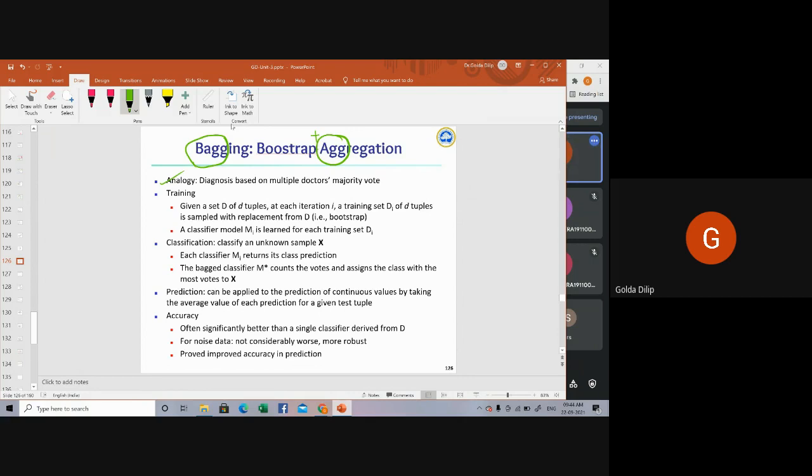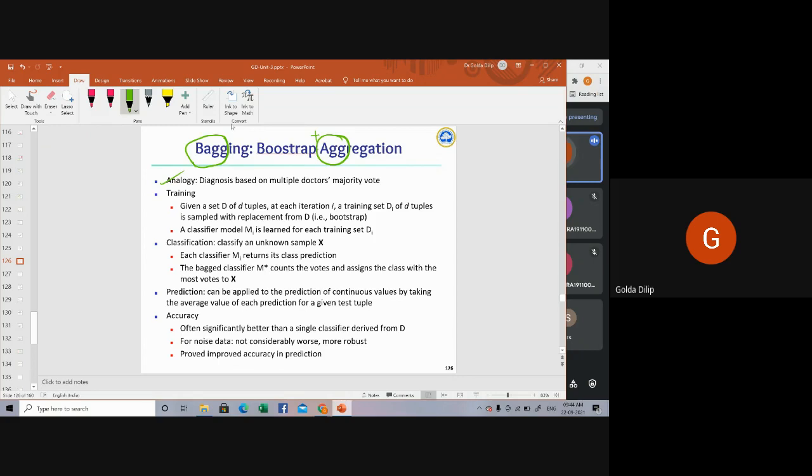Let's assume that you are a patient and you would like to have a diagnosis made based on whatever symptoms you are having. What will you do? Instead of consulting one doctor, you will consult more than one doctor, or several doctors.